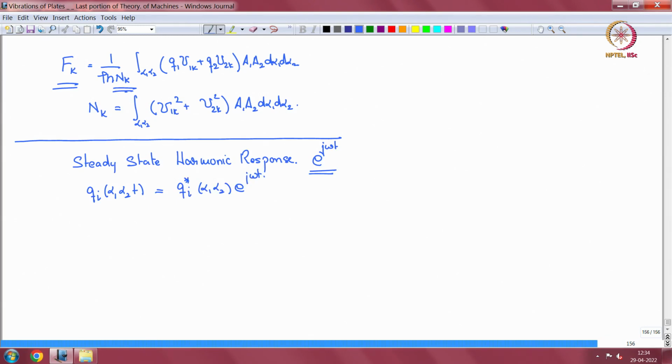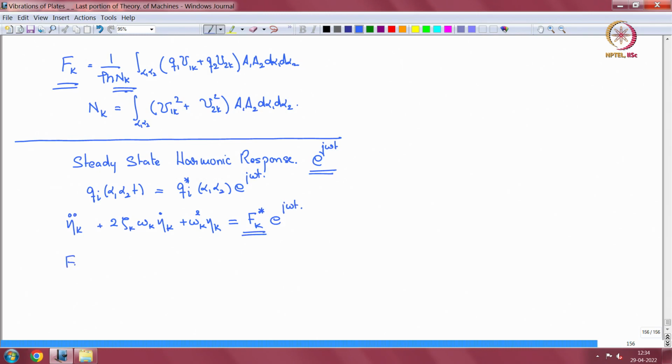As a result, the modal participation factor equation, eta k double dot plus twice zeta k omega k eta k dot plus omega k squared eta k, becomes, instead of F_k(t), an F_k star, which is a pure number, times e to the power j omega t.